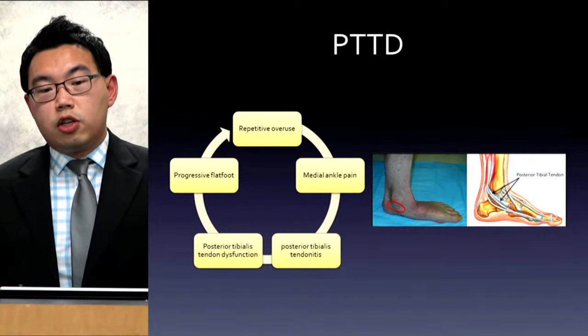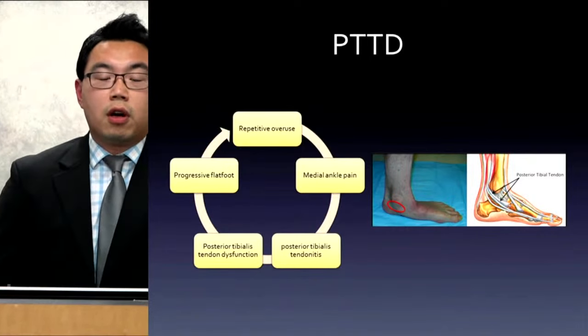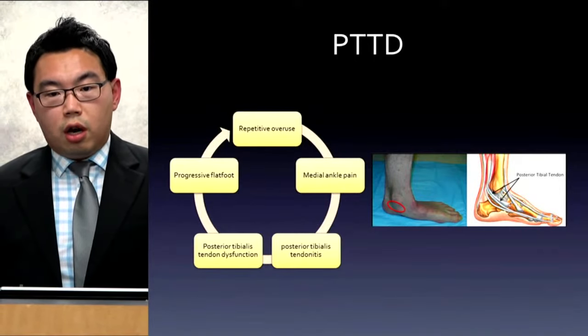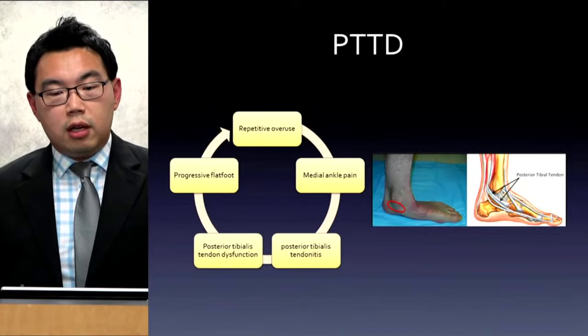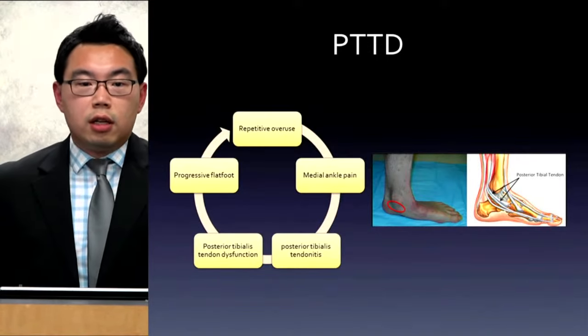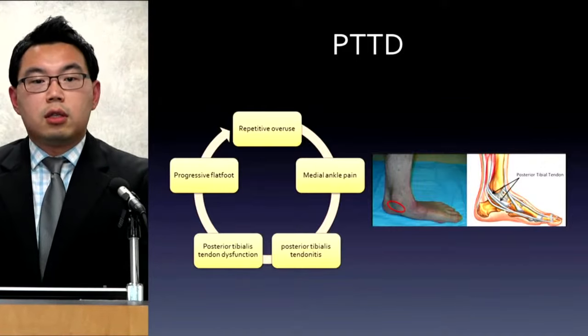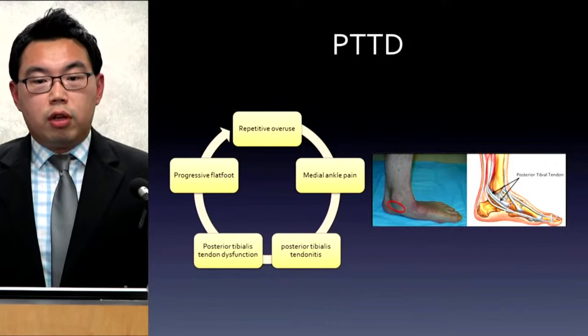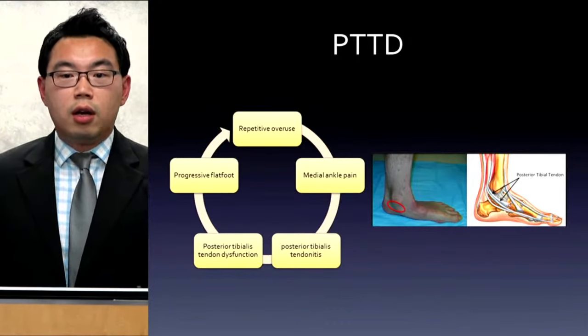Over time, if it's not treated, it can cause what we call a dysfunction. When the tendon stops doing its job, you see the arch start dropping, because the purpose of this tendon is to hold the arch up. That progressively translates into a flat foot, which causes overall alignment issues, and that can cause more pressure placed through the tendon on the inside of your ankle, and so on.